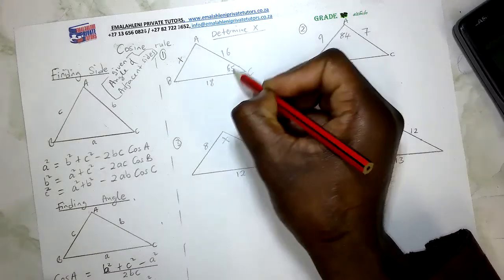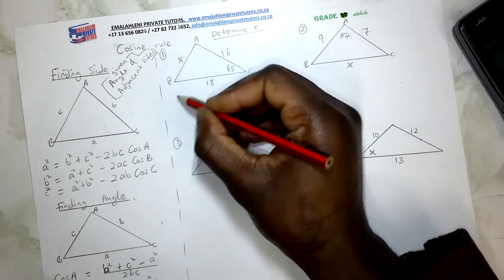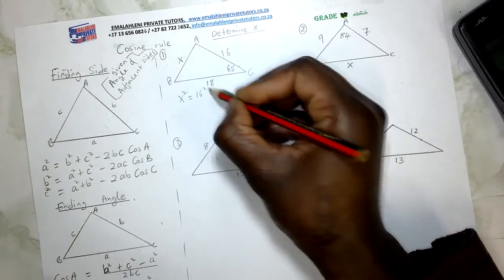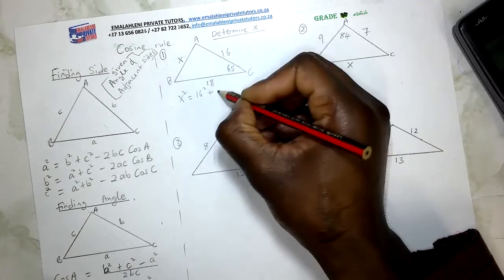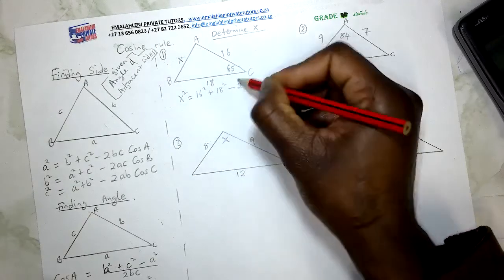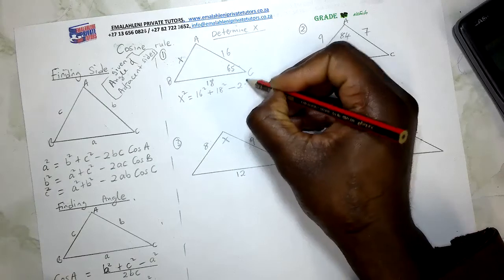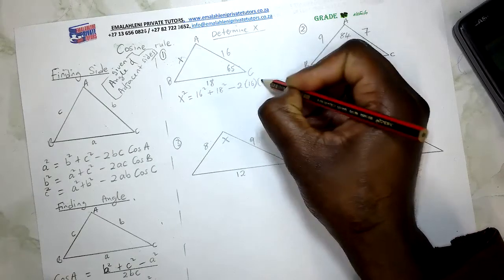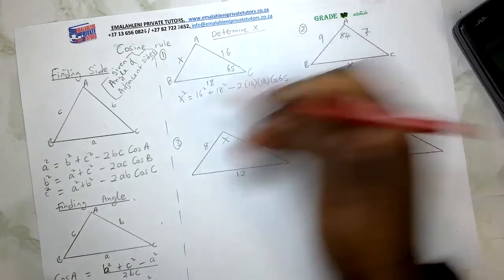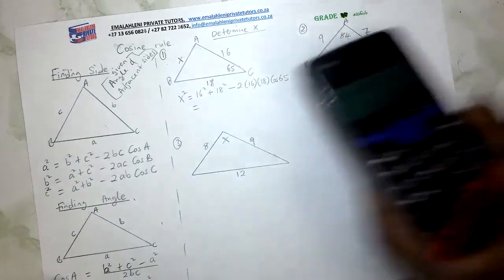We know that we are looking for x, and we know that x squared is going to be equal to 16 squared plus 18 squared minus 2 times 16 times 18 cos 65. That's how we get it, like that.